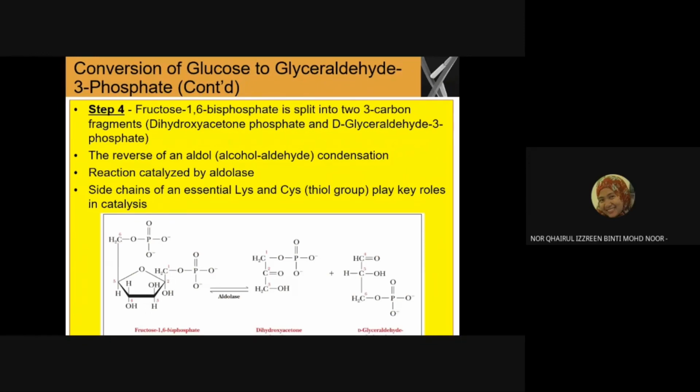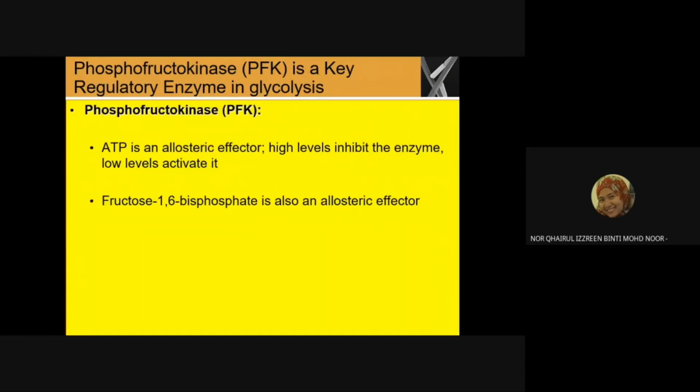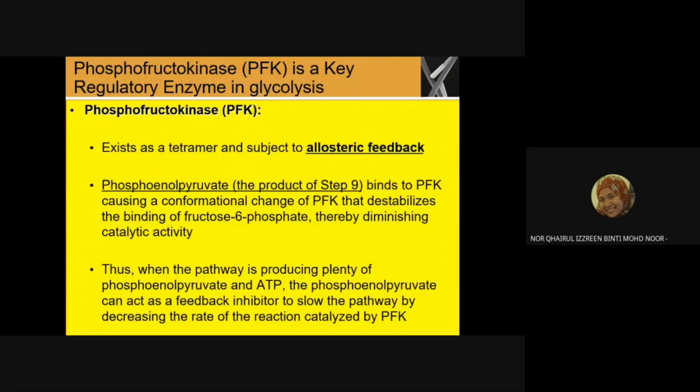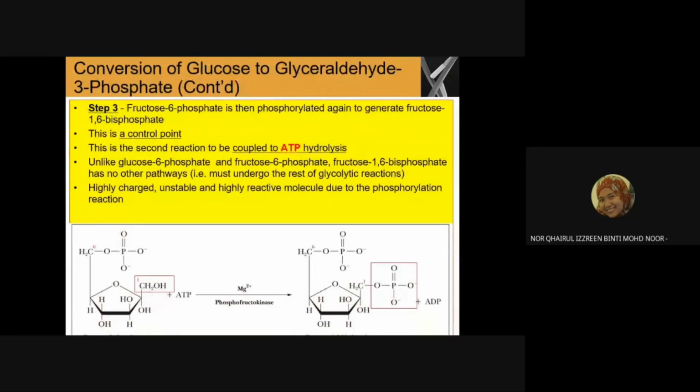Step number 3 is basically a control point because of PFK, which can be regulated by the amount of ATP, fructose 1,6-bisphosphate, and PEP. So it can control whether to continue with glycolysis, or reduce the rate of glycolysis.